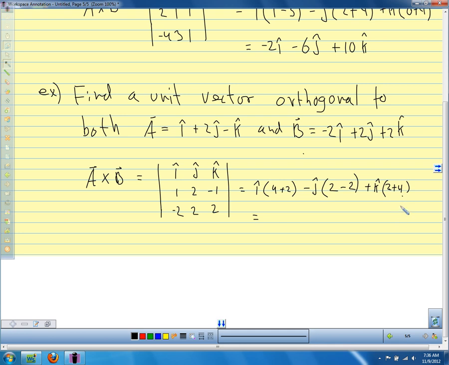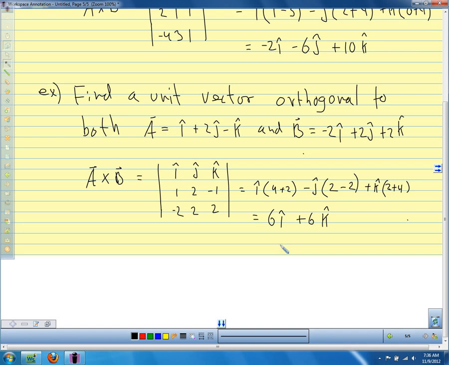I make that kind of mistake when I do cross products. Not often, but I did today. It's an easy mistake to make, going quickly and missing your determinants. So anyway, we get 6i plus 6k.